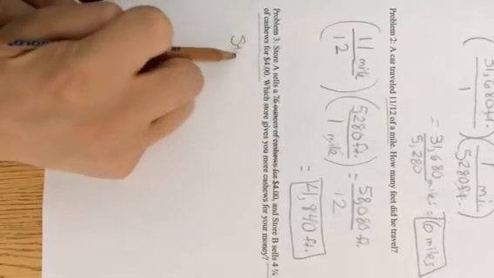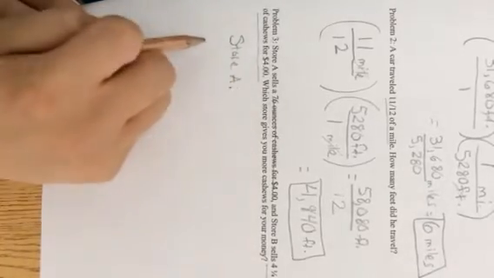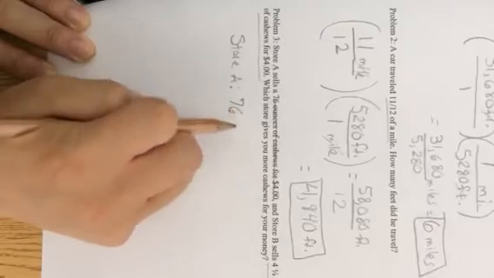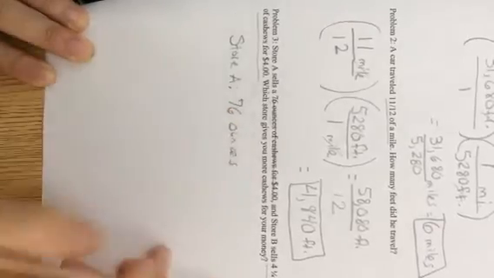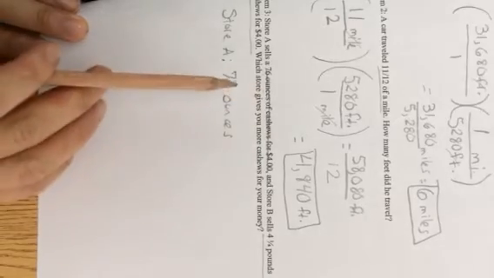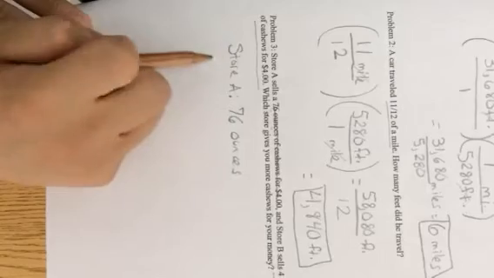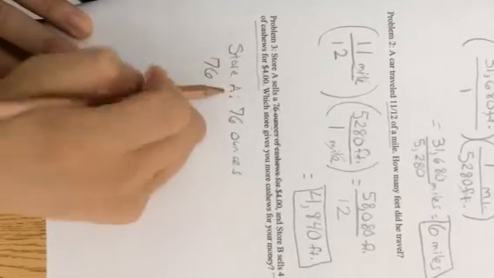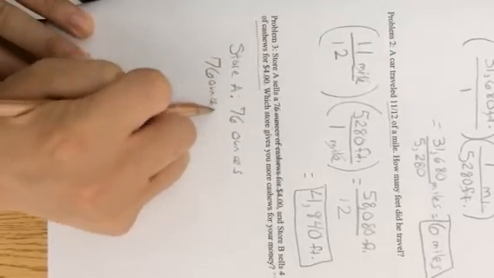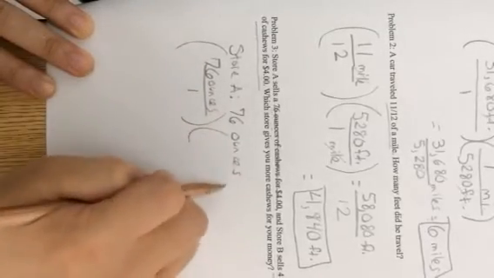So I'm going to put store A. So store A is selling 76 ounces. Now to compare it with store B, I need to make sure that they have the same units. So I'm going to convert 76 ounces to pounds. So I start off with 76 ounces, and now I'm trying to get from ounces to pounds.